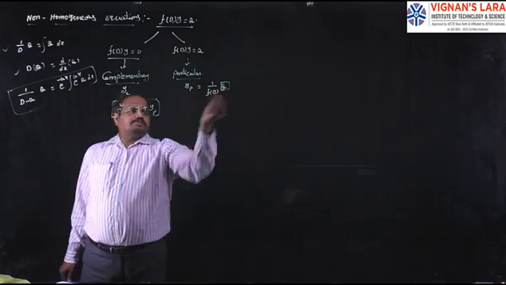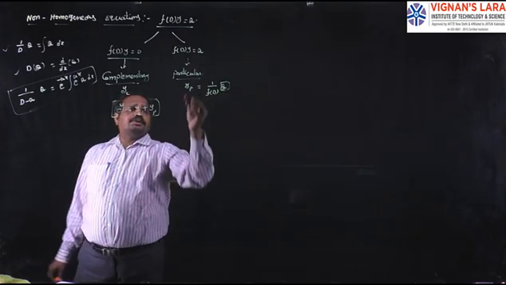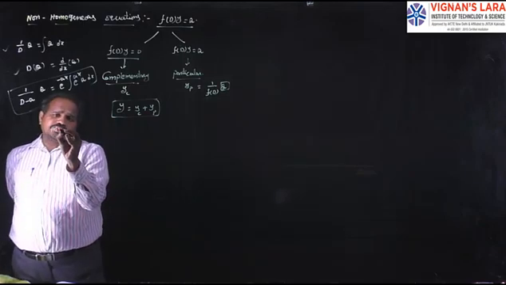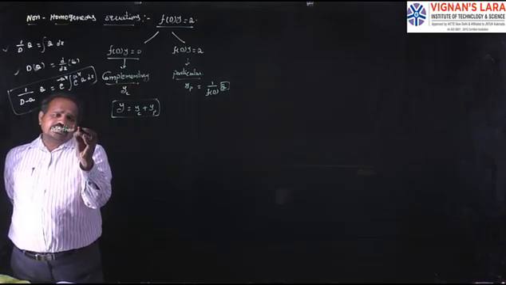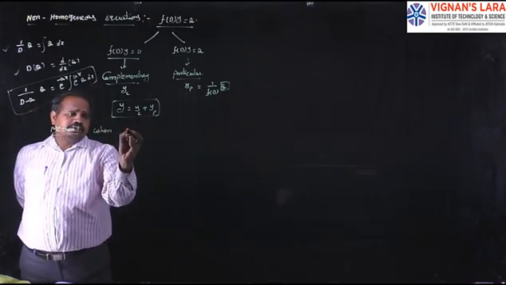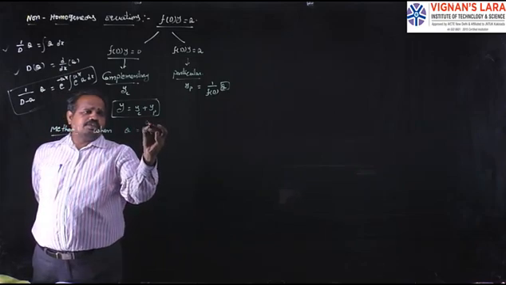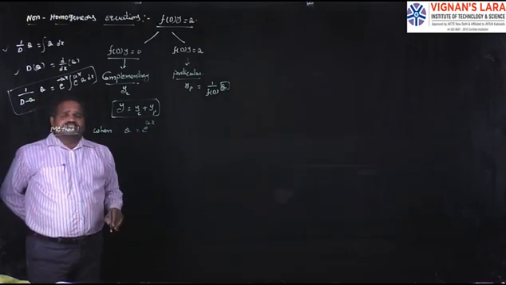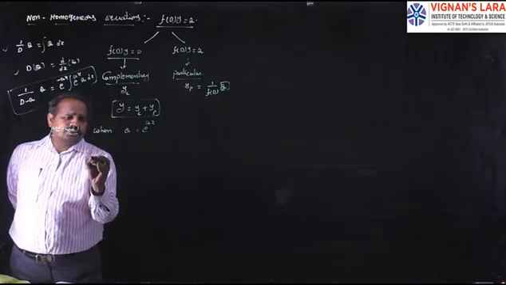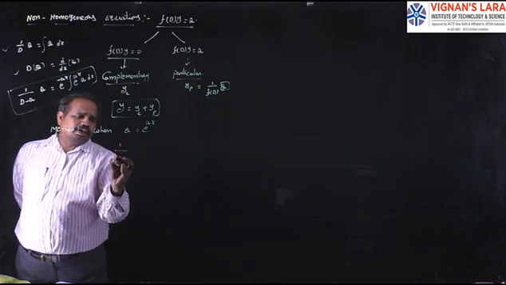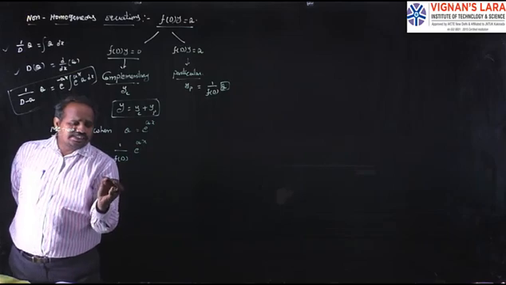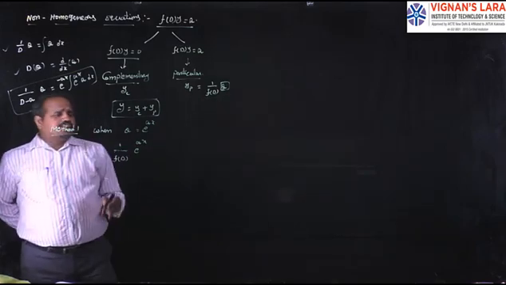Now, based on this Q, the particular solution will vary. There are different types of methods. Coming to method 1, when Q is in the form of e power ax, what is the formula for the particular solution? Yp is equal to 1 by f of D into e power ax.